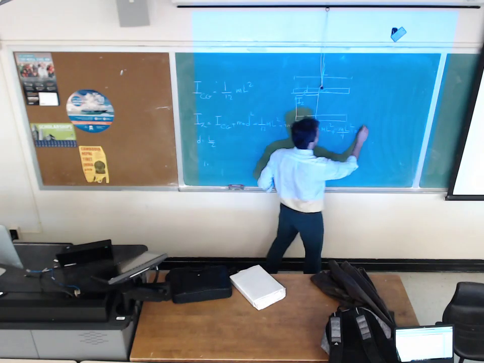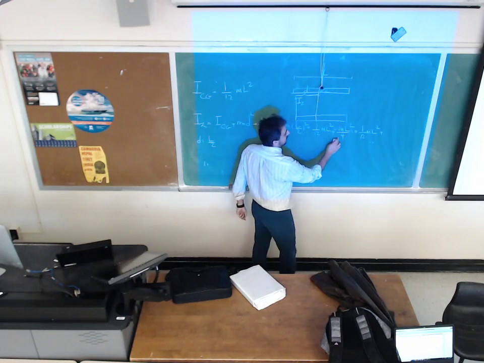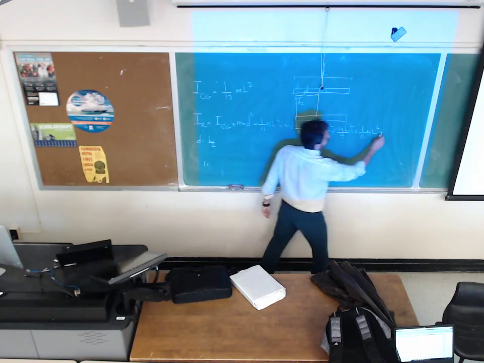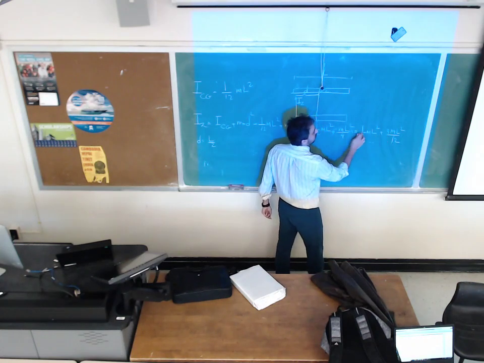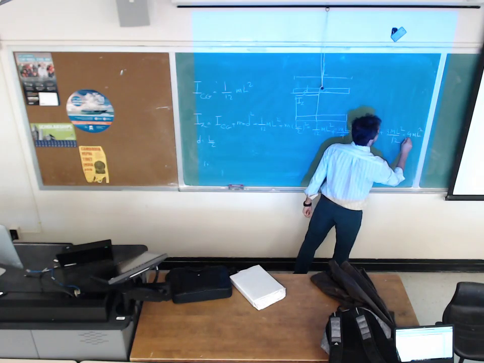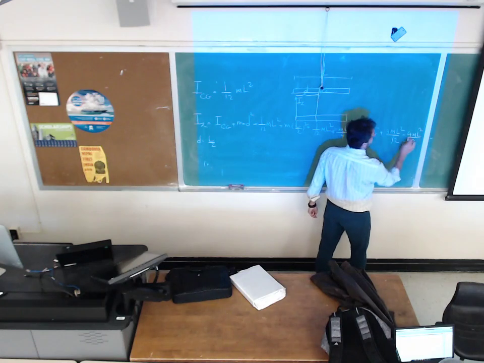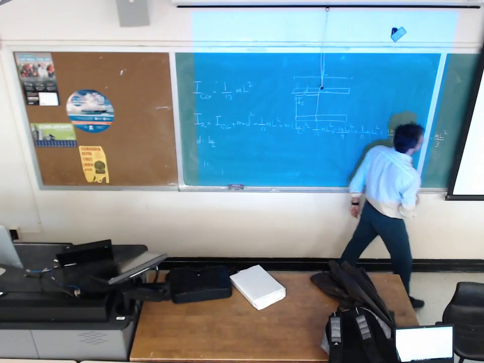This is going to be 1 over 12 m L squared plus m L squared divided by 4, which is 3 m L squared divided by 12. 3 m L squared plus 1 m L squared is 4 m L squared divided by 12. 4 divided by 12 would be 1/3 of m L squared.